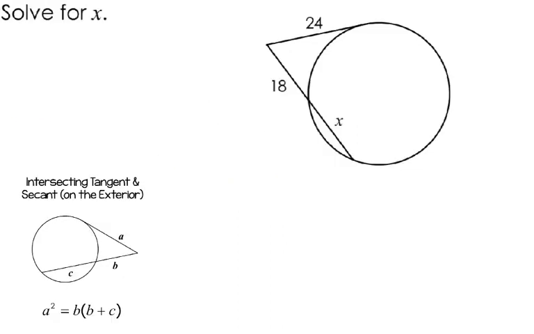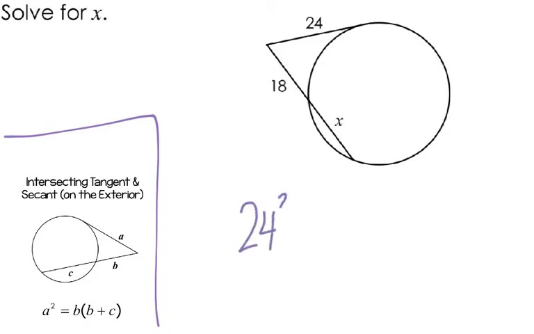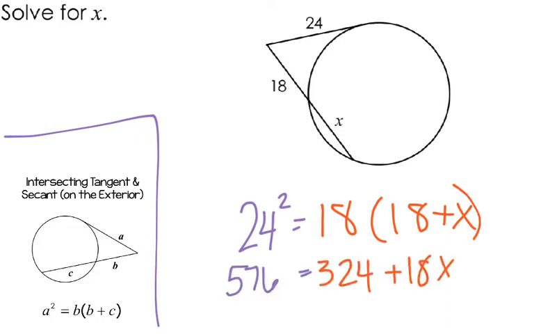And then down here, same thing, I'll put the formula so you can kind of just recreate it. So 24 squared is going to equal 18 times 18 plus x. So I'm going to go ahead and distribute things and simplify. Alright, and then I'm going to get rid of the 324 by subtracting from both sides.